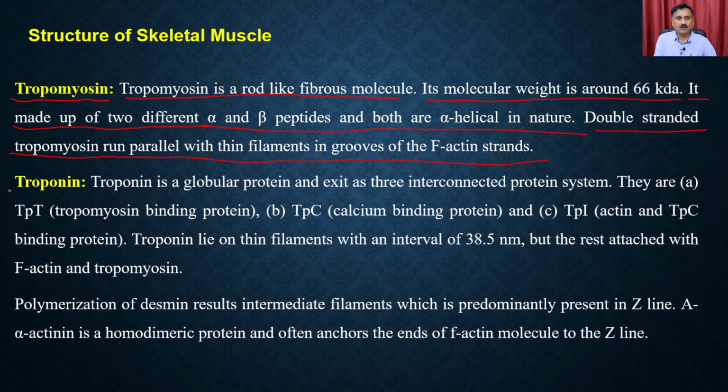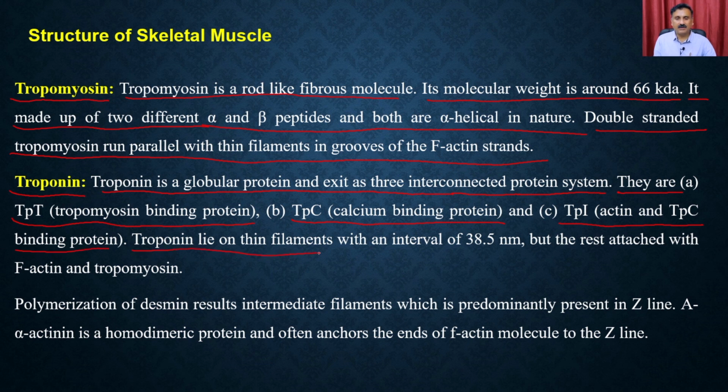Then we have the troponin. Troponin is a globular protein and it exists as a three interconnected protein system. They are TpT, the tropomyosin binding protein, TpC, which is the calcium binding protein, and TpI, which is the actin and TpC binding protein.